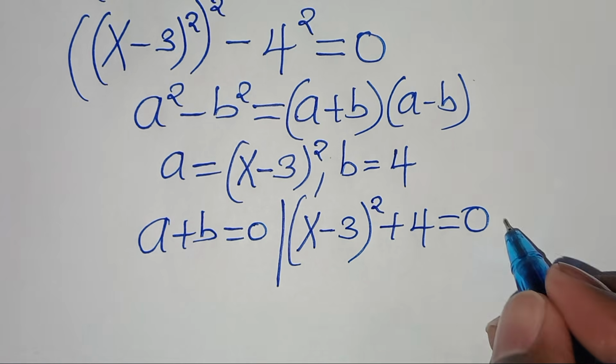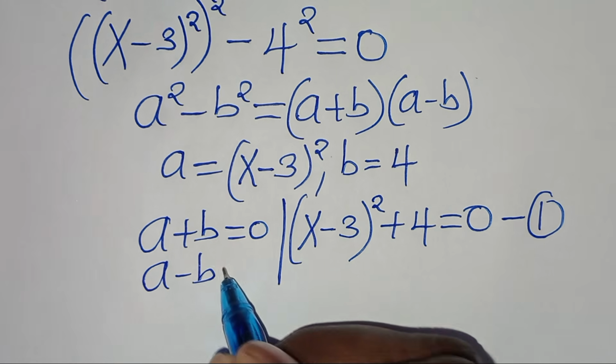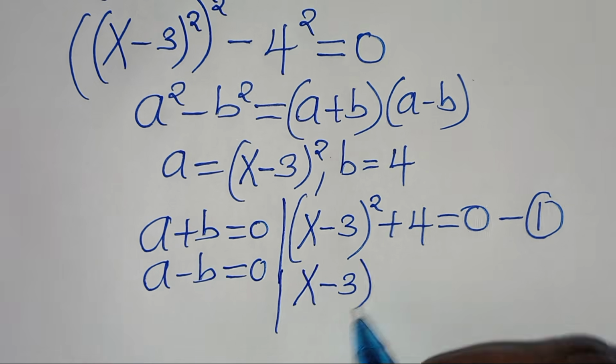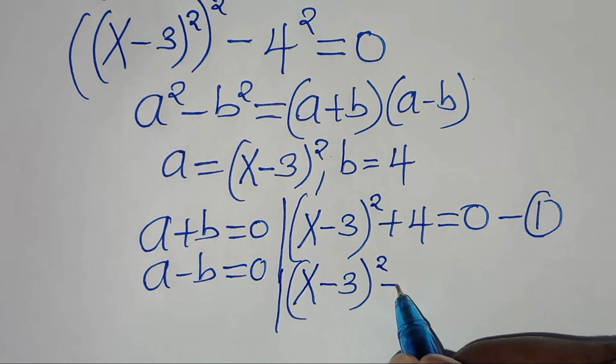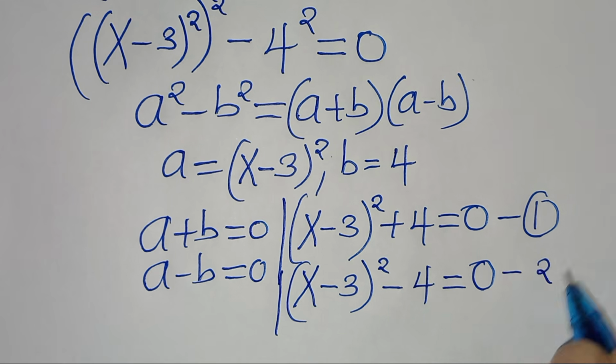We call this case 1. Then we have a minus b equal to 0, which is (x minus 3) raised to the power of 2, subtract 4, equal to 0. Let's call this case 2.